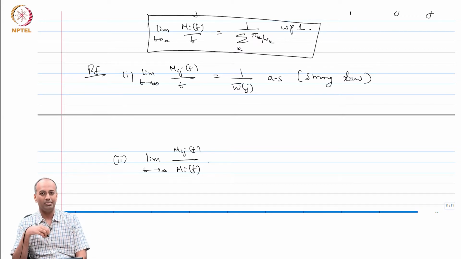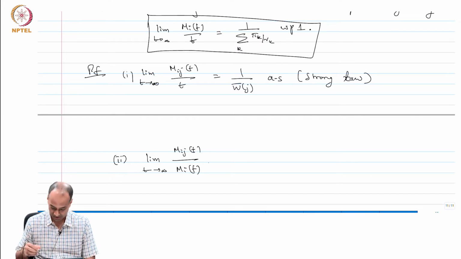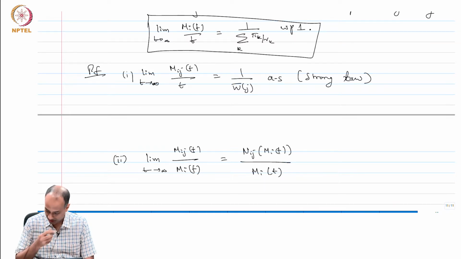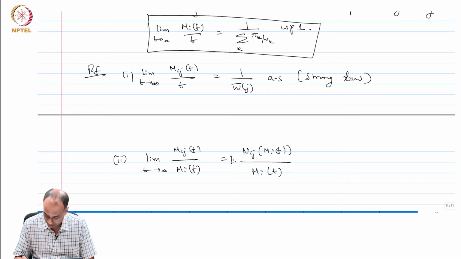Now, this also has a limit. Let us see what it is. I am going to write this as Nij of mi of t over mi of t. This can be shown, limit t tending to infinity.